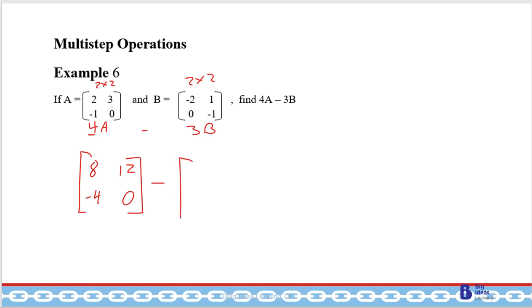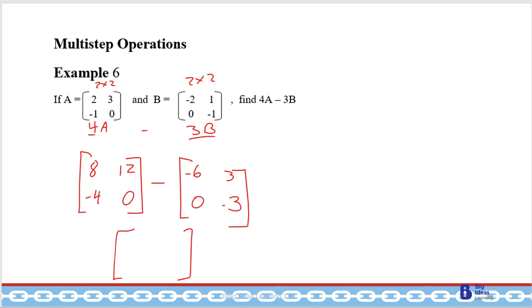And then when I get done with matrix B, I'm going to need to subtract. For matrix B, everything gets scaled by 3. So negative 2 times 3, 1 times 3, 0 times 3, and negative 1 times 3. When I go to subtract these, I'm making sure that I'm looking out for any double negatives, right, subtracting a negative.